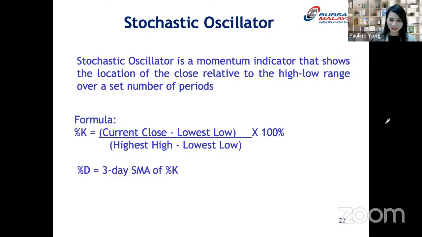When you have questions, keep posting while I move on to the stochastic and the RSI. I will use stochastic and RSI together because they are momentum indicators. Let me just explain the formula.